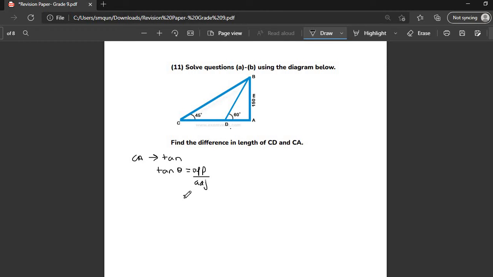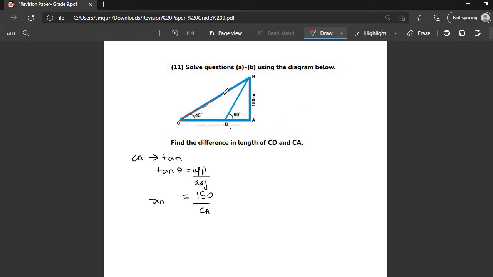You're going to substitute the information from your diagram. The adjacent side would be CA. The opposite would be 150, as I said. Tan theta would be... remember, theta represents the angle. So the angle that we would write.